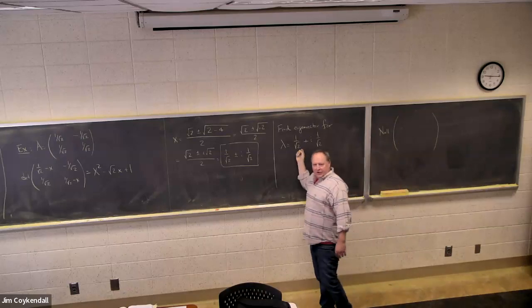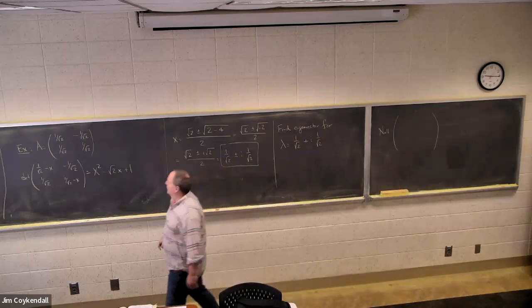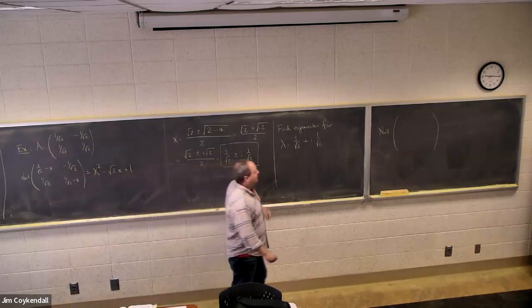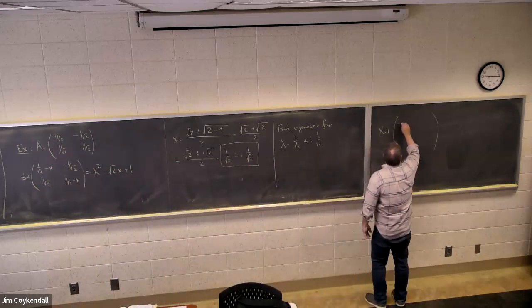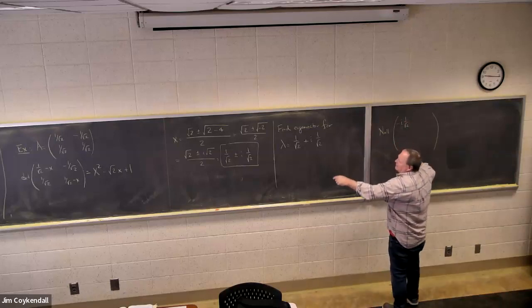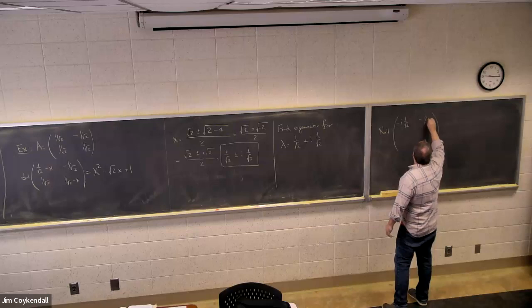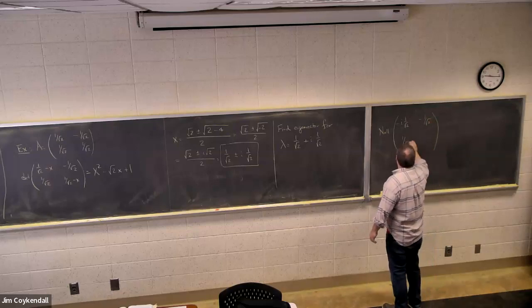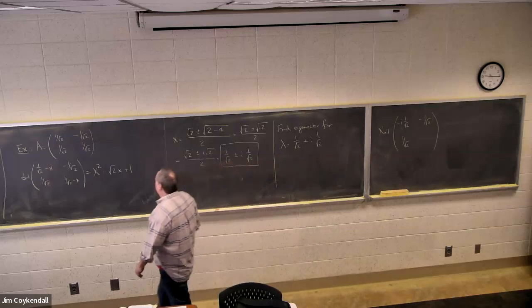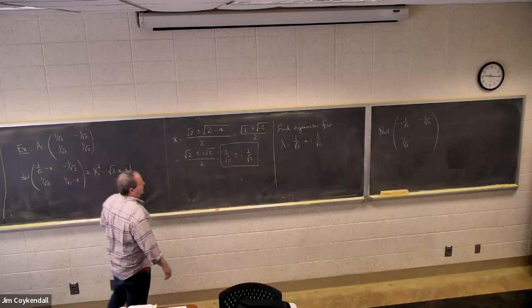I'm going to subtract this eigenvalue off the diagonal elements of my original matrix. So I'm going to get 1 over radical 2 minus this mess, minus 1 over radical 2, 1 over radical 2, and I'm going to subtract lambda off of this one, and I should get the same thing.